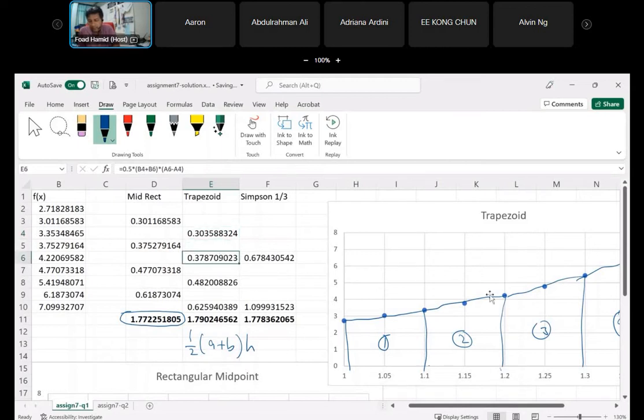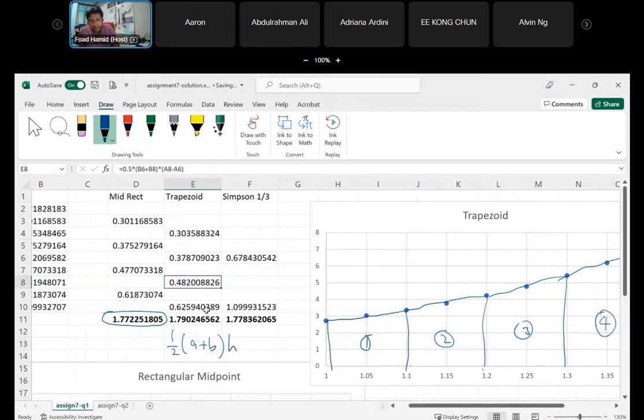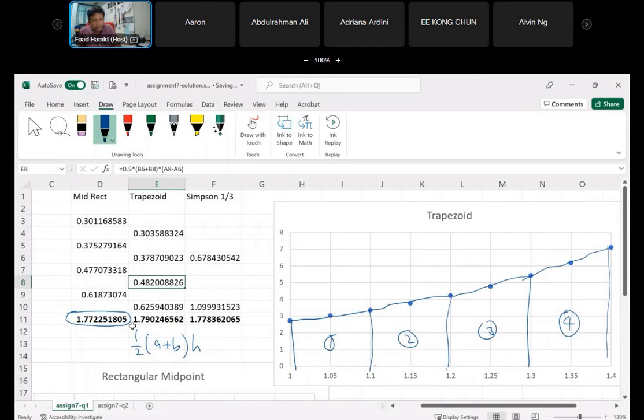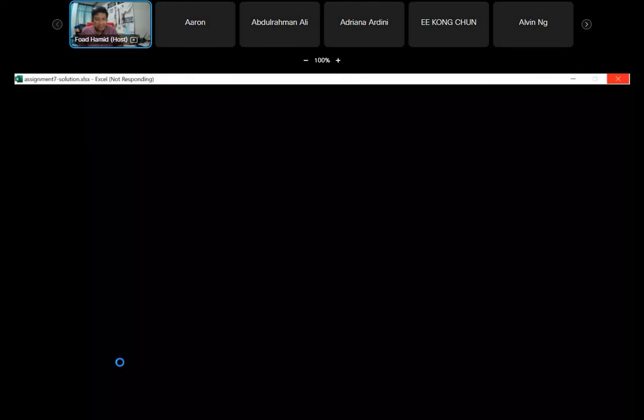For the next interval, this plus this divided by 2 times the interval, 0.1, which is this. And the fourth interval is the same thing, and what I get is 1.79.